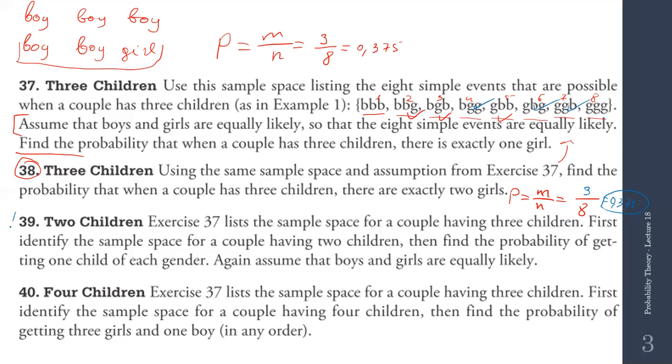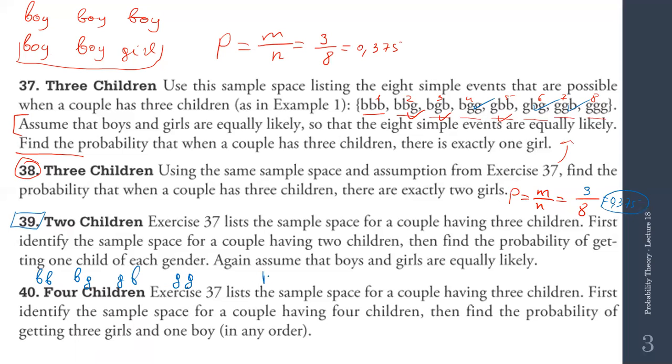Exercise 39 tells us: list the sample space for a couple having 2 children. First, identify the sample space for a couple having 2 children. Then find the probability of getting 1 child of each gender. Again, assume that boys and girls are equally likely. So for 2 children, we may have boy-boy, boy-girl, girl-boy, and girl-girl.